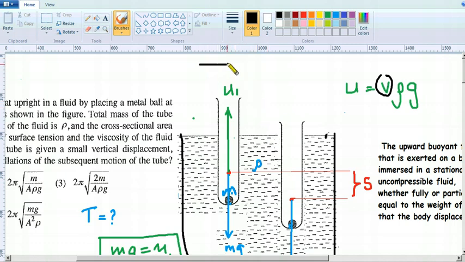Imagine that there is a fixed point here, say the ceiling of the building. So say this is the fixed plane. From that, the distance to this point is the displacement 1, S1.